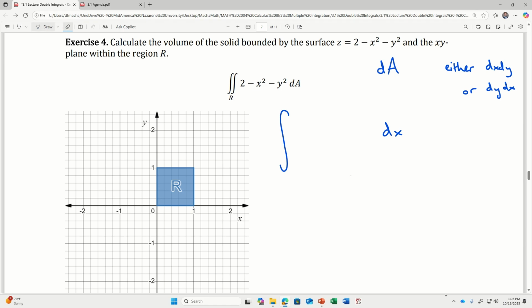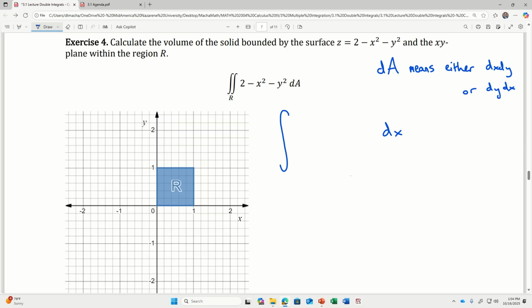Like x times y would give you an area. dx means a little change in x. dy means a little change in y. So a little change in x times a little change in y gives you a little packet of area. That's what I mean by dA.